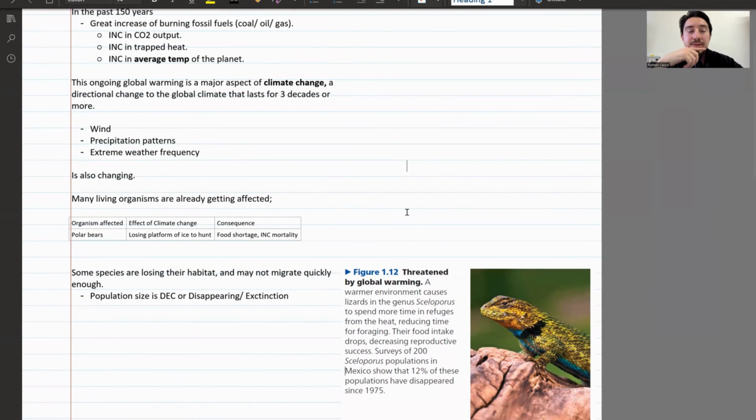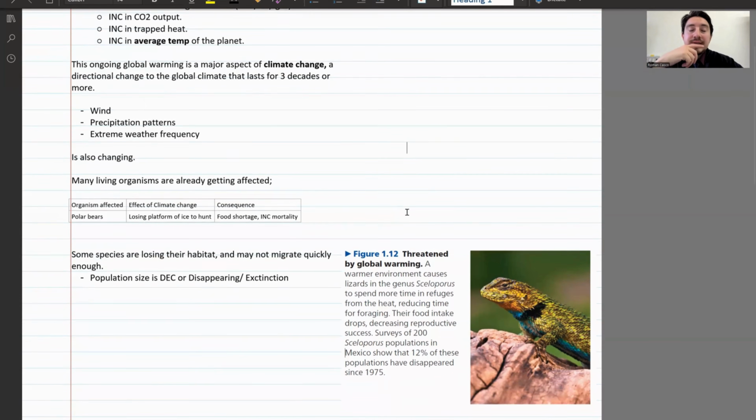This is one of the biggest things about climate change, that there's been a directional change in the overall temperature of the earth. Of course, that in itself brings a lot of changes in patterns of climate.